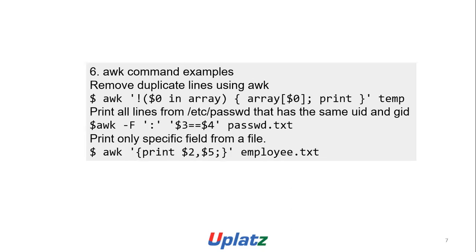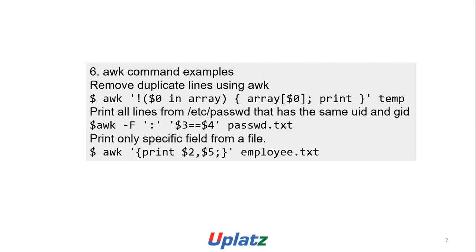Awk command examples. Remove duplicate lines using awk: awk '!($0 in array) { array[$0]; print }'.